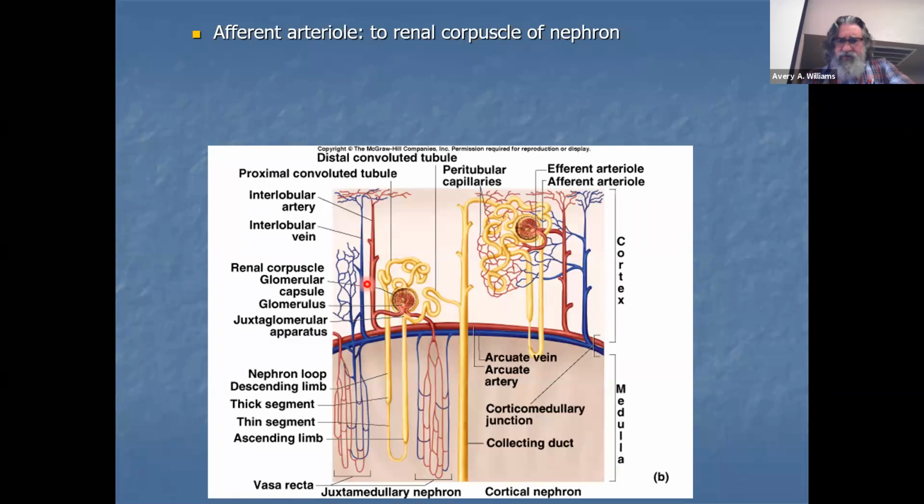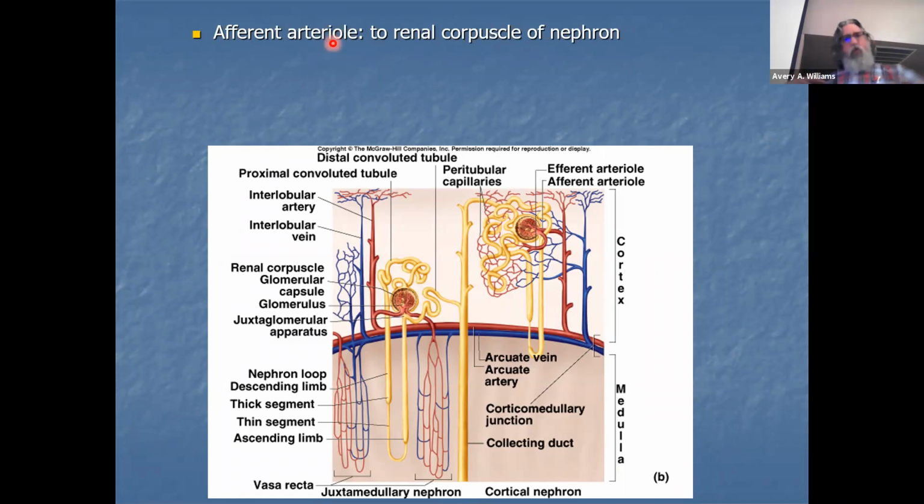So these are nipped off, and this one's not nipped off; it's going up to the corpuscle. Those are afferent. Remember that word afferent means toward, carrying blood toward the corpuscle of the nephron.